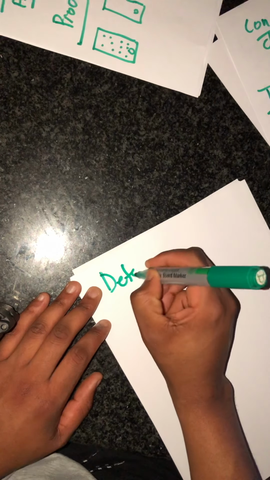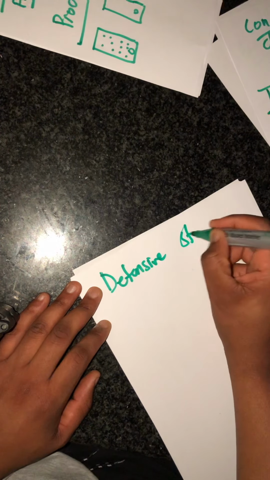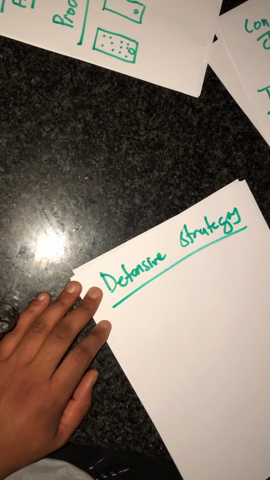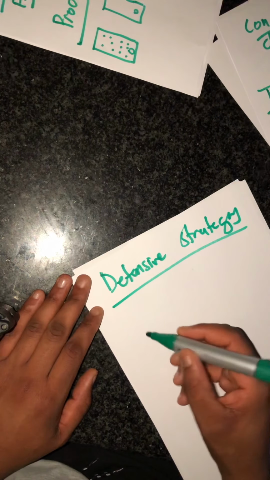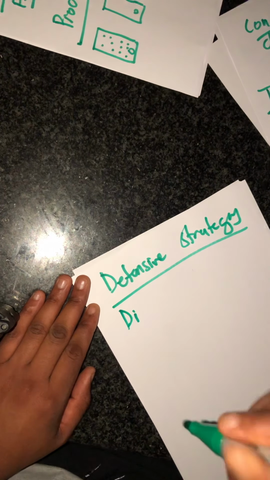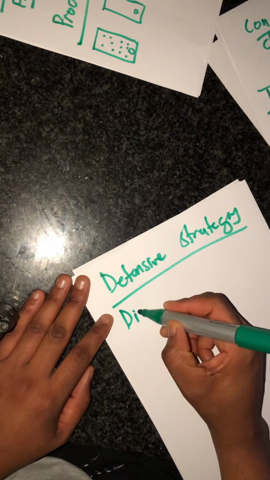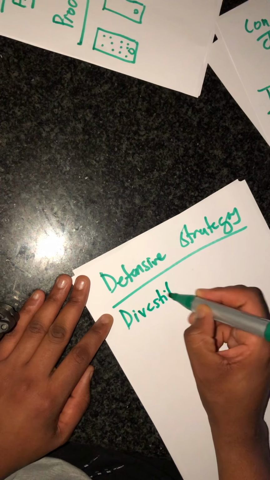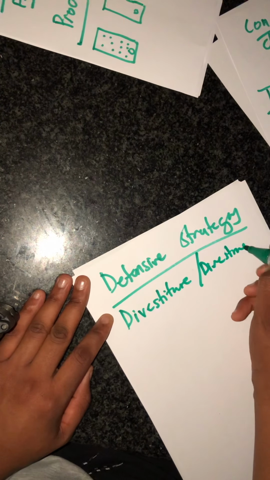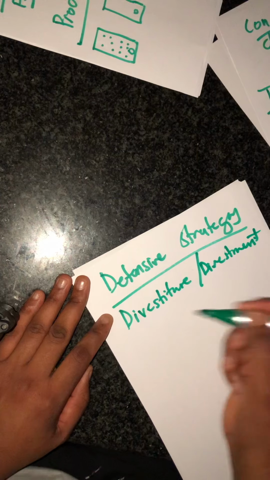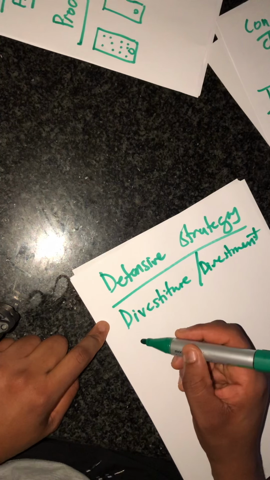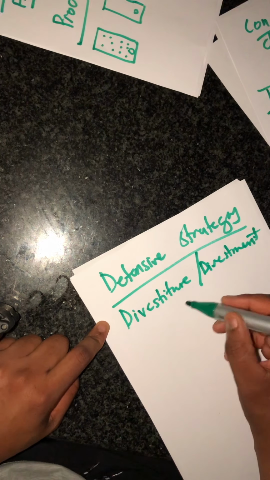So the next one we're going to discuss is the last one, which is called the defensive strategy. This is practically the last one which I will discuss with you. The first defensive strategy is called divestiture or divestment, which is the opposite of investment.